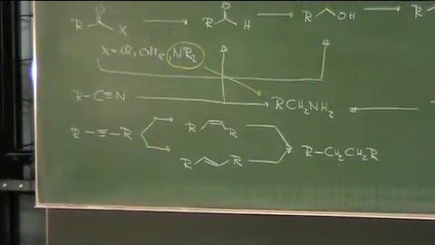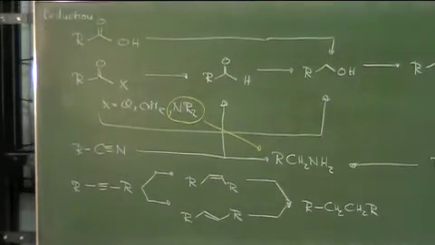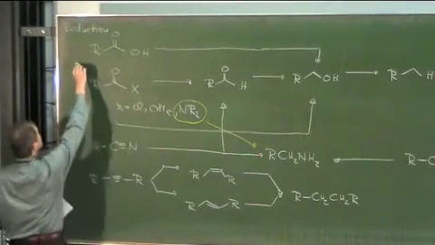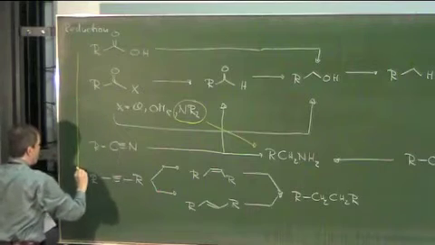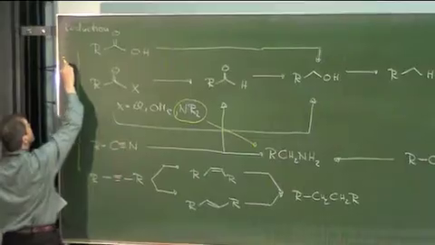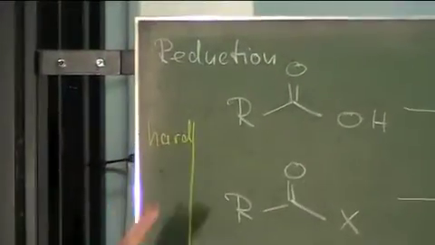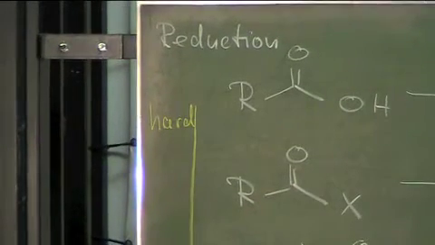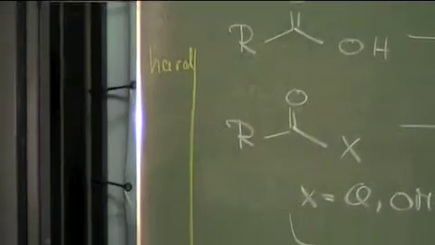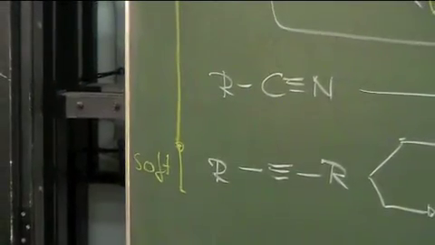This is a very crude summary of typical problems you look at. If you look at the reducing agents, the trend I've written here is that with the carbonyl compounds, you try to reduce a more hard functionality. With the double bond functionalities, you are more on the soft side.